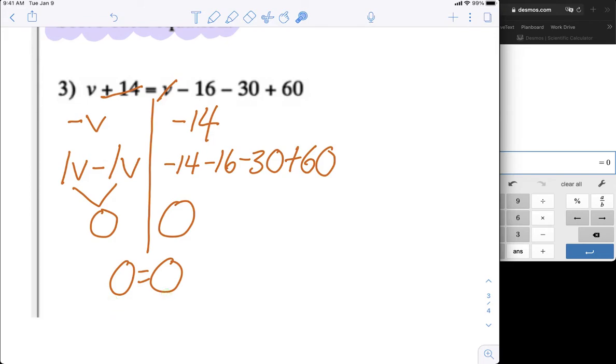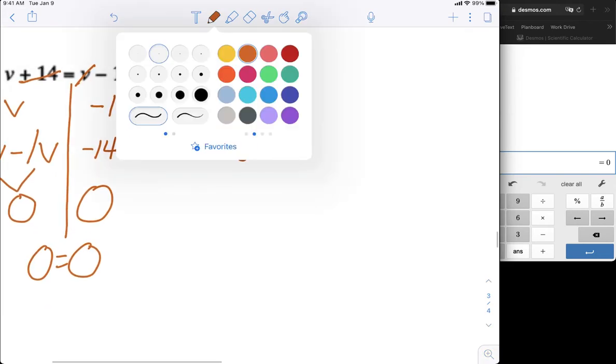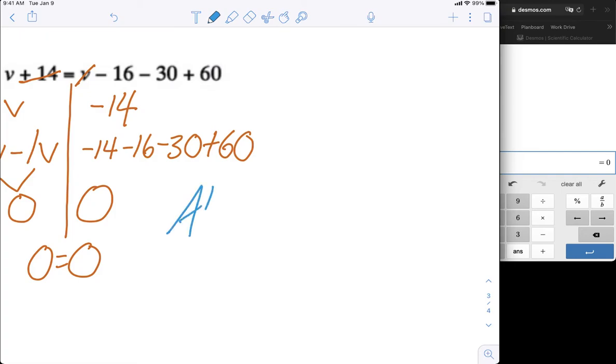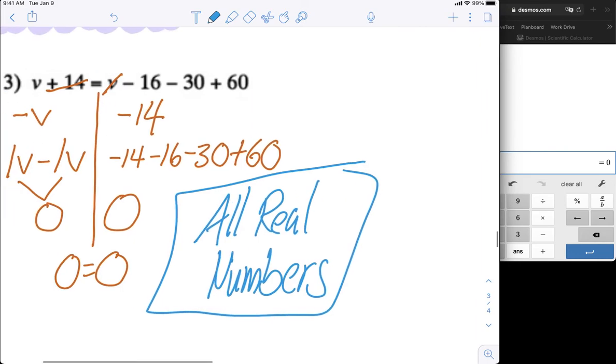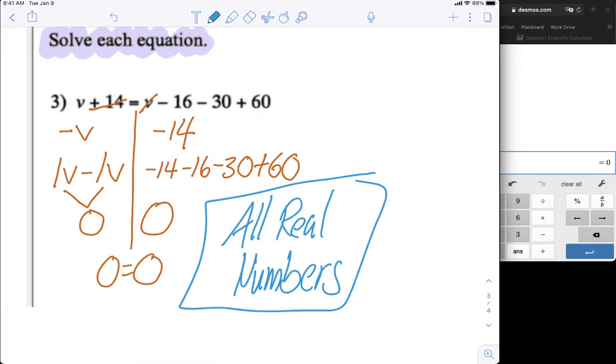Right? So that means that the solution is all real numbers. All real numbers, right? All real numbers. Look at that. Okay.